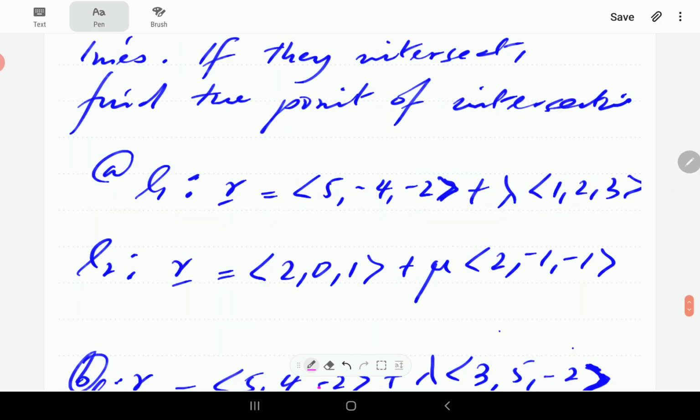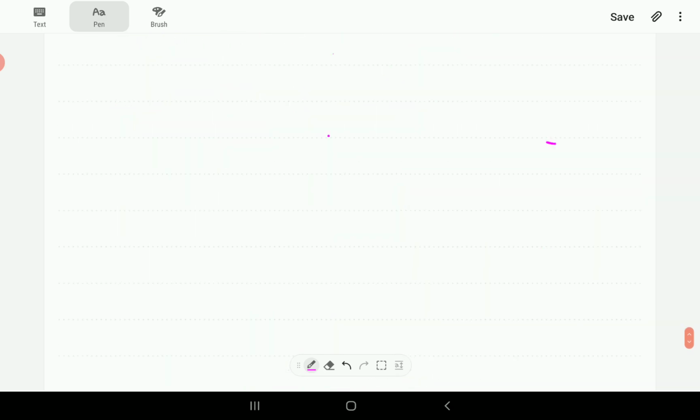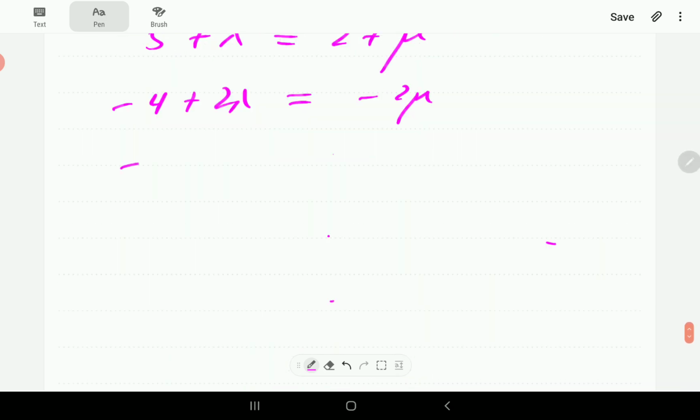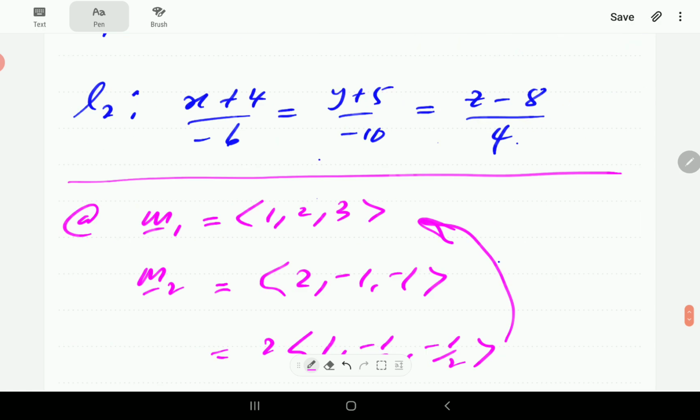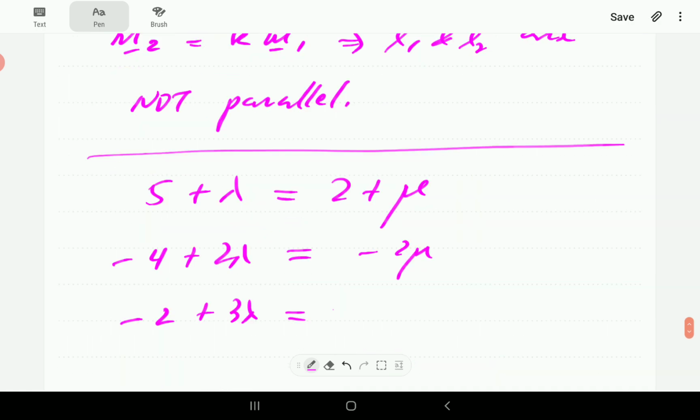And then for z it's minus 2 plus 3 lambda, and for L2 it's 1 minus mu.